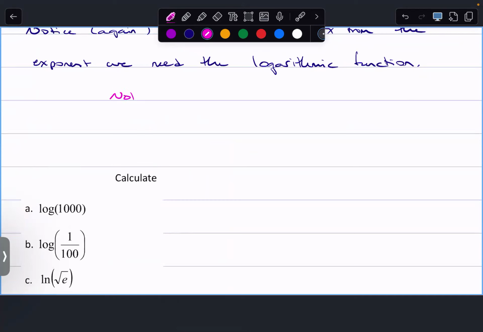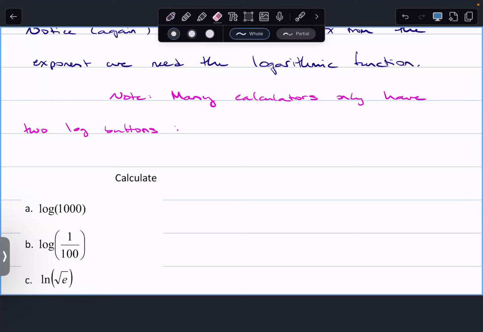Now here, note, many calculators only have 2 log buttons. Yours has the open space log, and that's because it's an engineering calculator, but many calculators only have 2 log buttons.